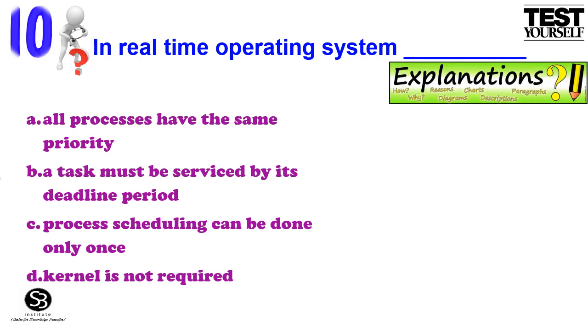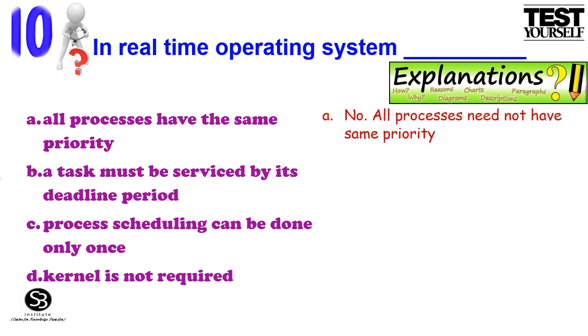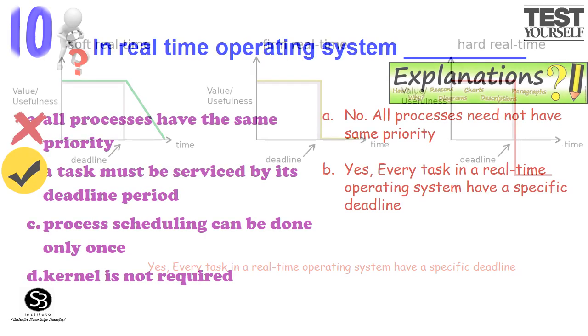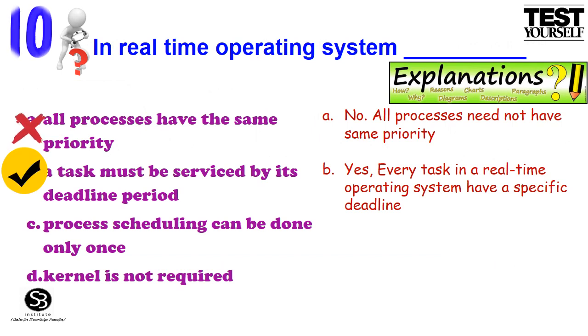Here are the explanations. Option A, all processors have the same priority. No, all processors need not have same priority. Option B, a task must be serviced by its deadline period. Yes, every task in a real-time operating system has a specific deadline. Option C, process scheduling can be done only once.